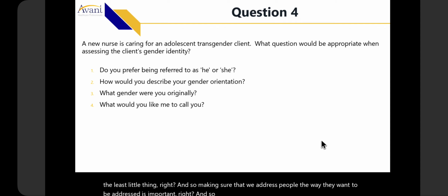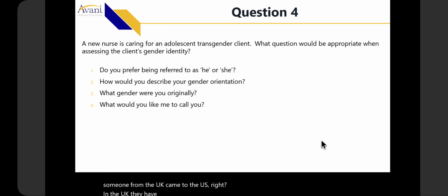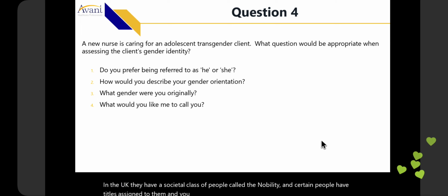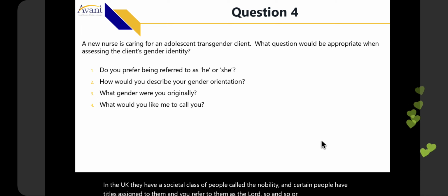And so understand, one of the ways that you can think about this, because sometimes when you come from a background where this just doesn't make sense to you, it's like, how do I reconcile this in my brain, right? So imagine that someone from the UK came to the US, right? In the UK, they have a societal class of people called the nobility, and certain people have titles assigned to them, and you refer to them as Lord so-and-so or Lady so-and-so.